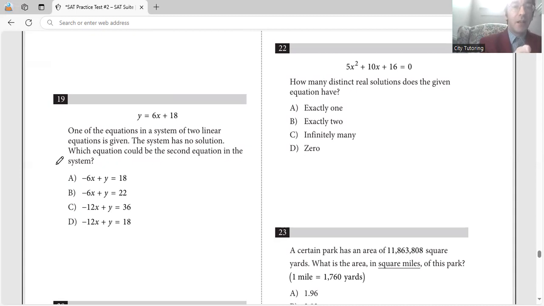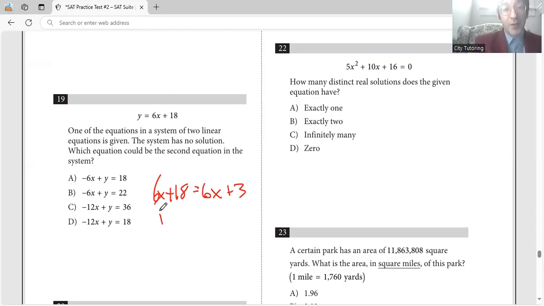6x plus 18. Whenever you want to have no solution, the slope has to be exactly the same, but the intercept, like this 18, has to be different. For example, if I gave you 6x plus 18 equals 6x plus 3, this is no solution automatically.